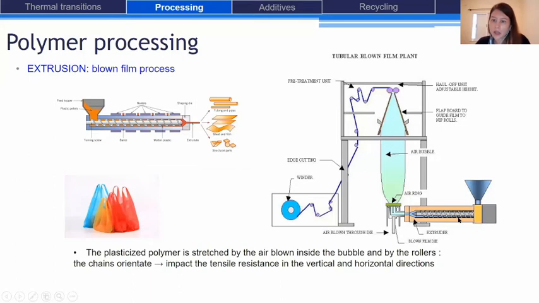So on this figure, we have a better representation of the coupling of the extruder and of the system that enables to blow air through this die. So along this process, we have orientation of the polymeric chains.